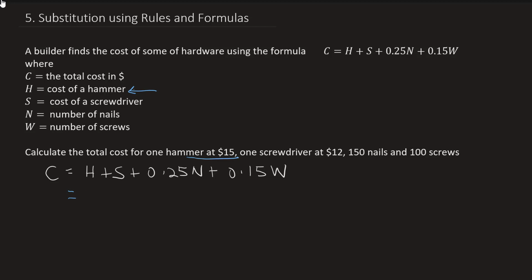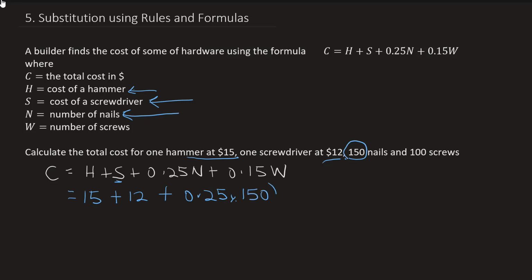So this number is 15 plus S. S is the cost of a screwdriver, and here it is at $12. Plus 0.25N is 0.25 multiplied by N, and N is the number of nails, and we're told that there are 150 nails. So that is multiplied by 150.